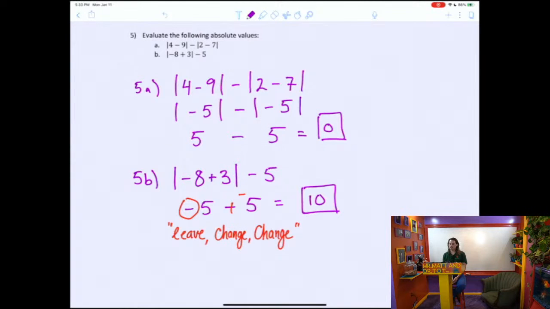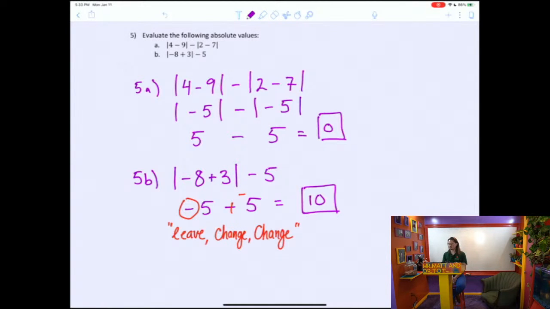For 5b, we have the absolute value of negative 8 plus 3, quantity minus 5. So take care of the absolute value first. We have negative 8 plus 3. That's going to leave us with a negative 5. So we're going to have the absolute value of negative 5. Let me go back here. So we have the absolute value of negative 5, because I believe I made a mistake. Absolute value of negative 5 minus 5.